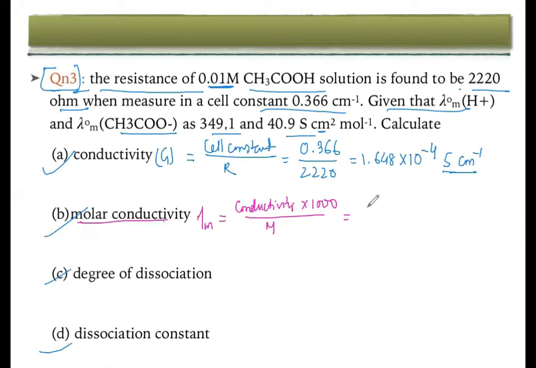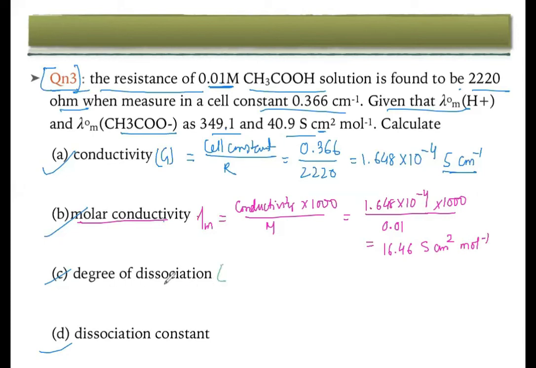The conductivity is 1.648 into 10 to the power minus 4, divided by the molarity, which is given as 0.01 molar, into 1000. If we solve this value, we will get 16.46 Siemens centimeter square per mole.